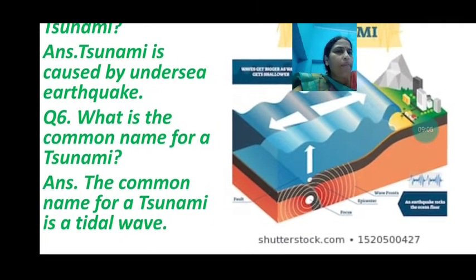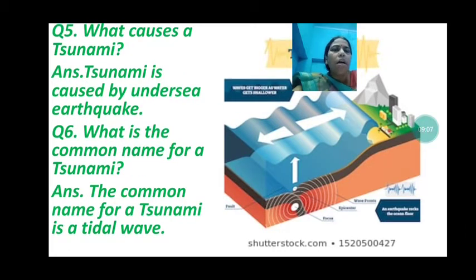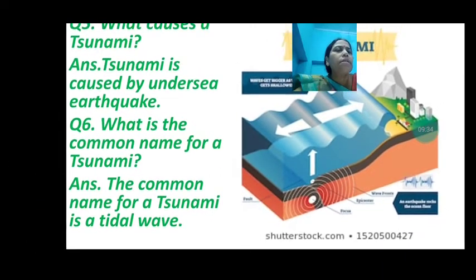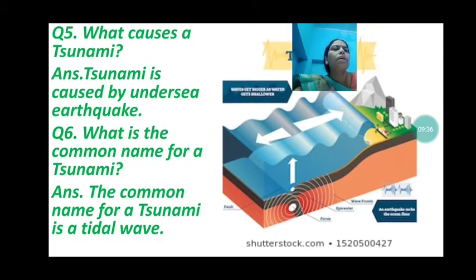When there is an earthquake, the plates slide up and down, they come over upon each other. In that case, what happens? Energy is released at that time, and due to the energy, seismic waves are produced, and the seismic waves cause tremors or shaking, and the waves start moving.